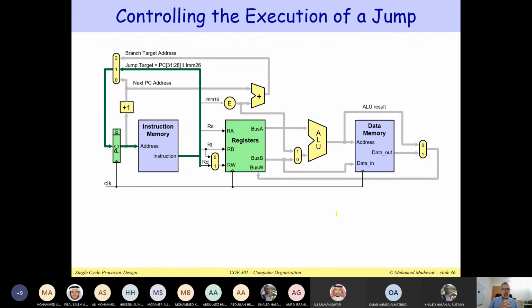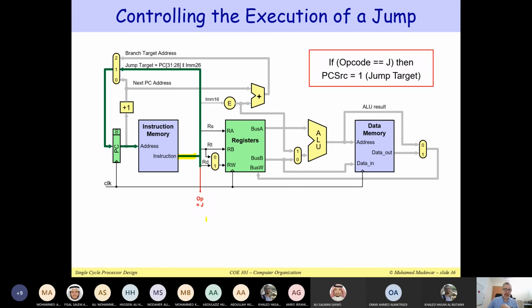Let us take a look at how we control the execution of the jump. First we have to fetch the instruction from the instruction memory. We have to examine the opcode. Now if the opcode is equal to jump, there is a specific opcode for a jump, it means that we have to jump. There are no registers to read, there is nothing to execute. You just jump, that's it. So we check the opcode equal to jump.